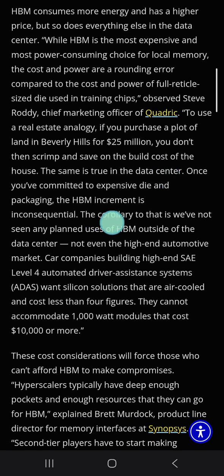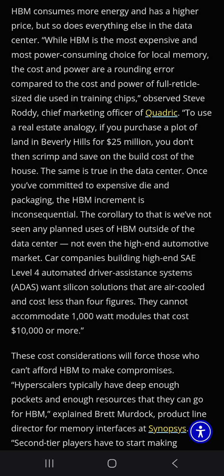The corollary to that is we have not seen any planned use of HBM outside the data center. Not even the high-end automotive market.